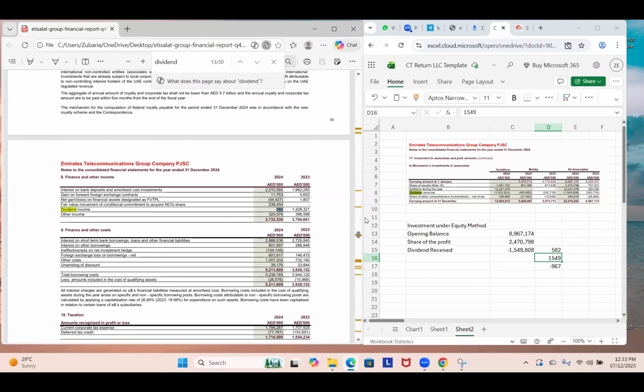If 582 is the total dividend received, it means this is inclusive of all dividends, because in the P&L the total dividend received income will be added as a sum.